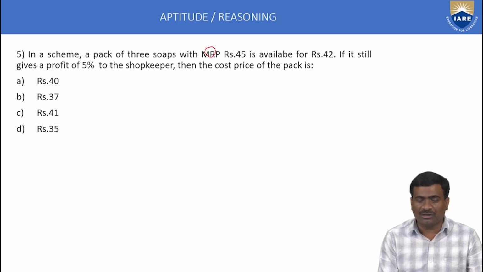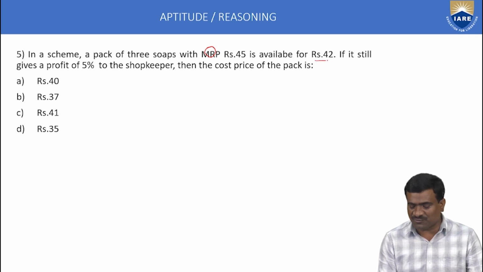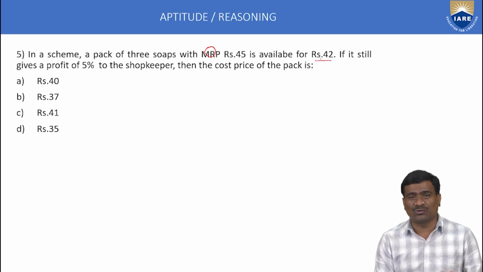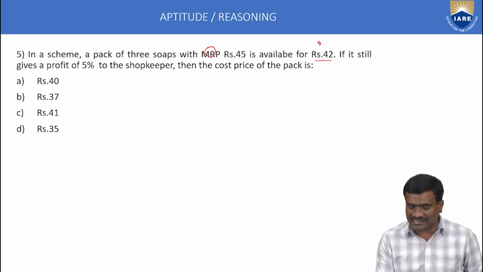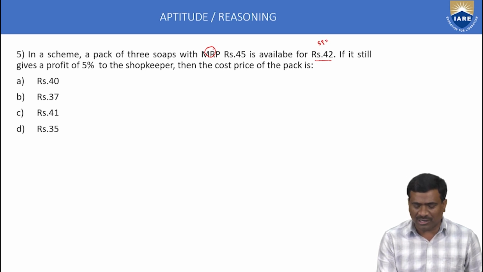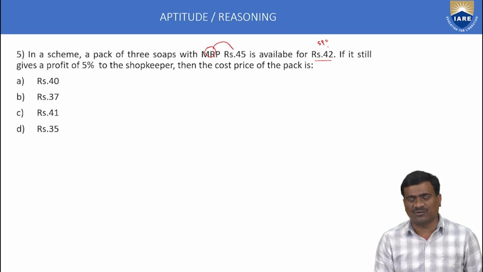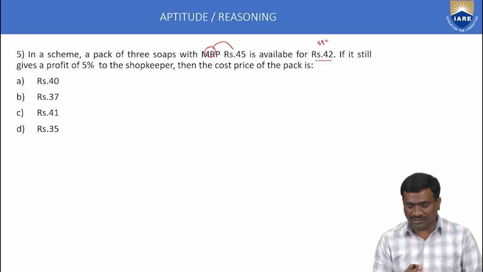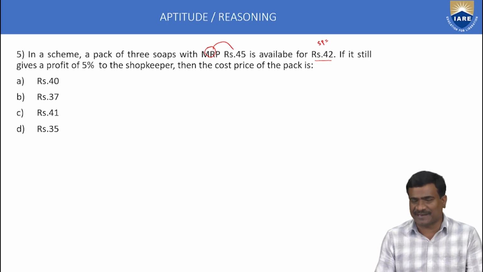MRP is called maximum retail price or market price, but it is available for rupees 42. After discount, the soap selling price is equal to 42. MRP 45, selling price 42. If it still gives a profit of 5% to the shopkeeper, then the cost price of the pack is dash.